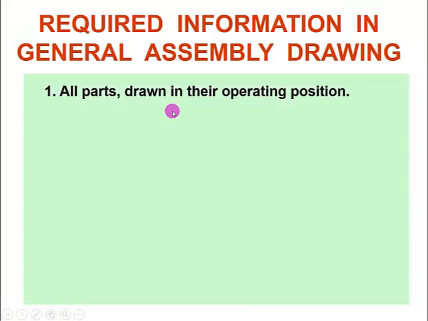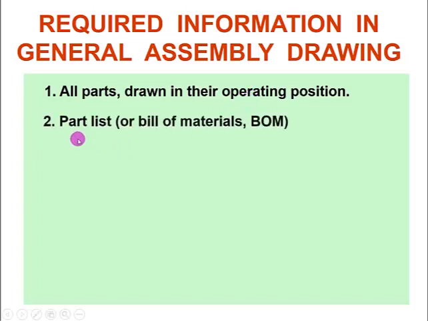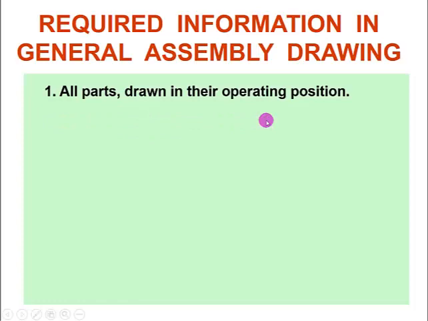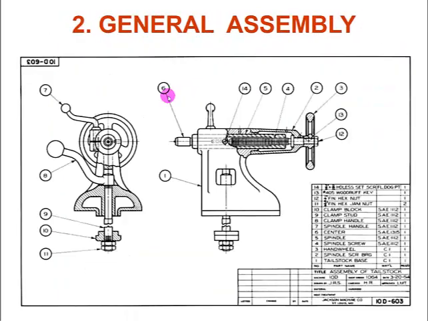The information you need to put in the general assembly that you have to do in your final project is: all parts drawn in their operating position. Next, the part list. You have to make a table and put the list of your parts and show the material, what you have, and you have the bill of materials. The number identifies which part you have, like a balloon showing the number.